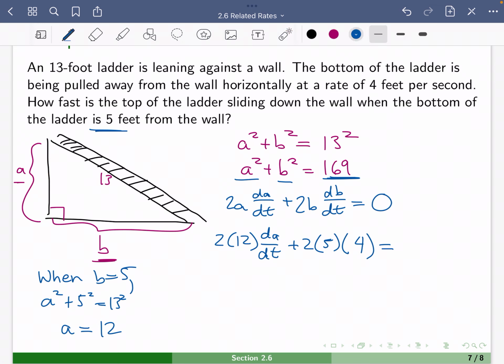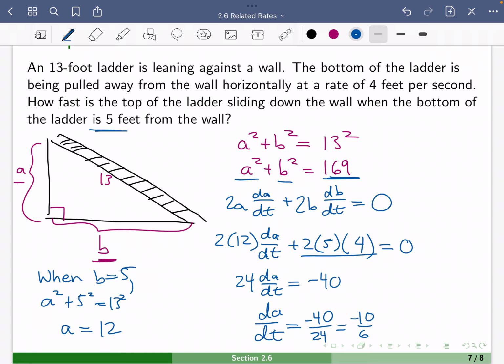Let's go ahead and solve this. We have 24 dA/dt is equal to negative 40. Subtract the 40 to the other side, divide by 24, and we have dA/dt is negative 40 over 24, which is negative 10/6, or negative 5/3.